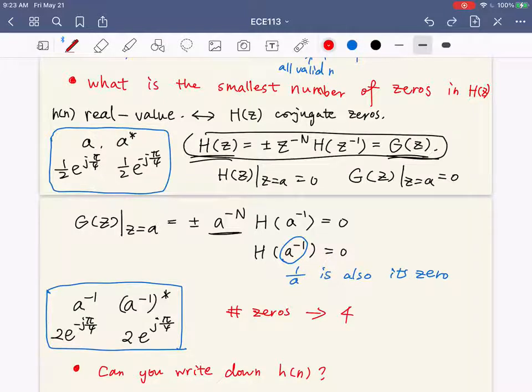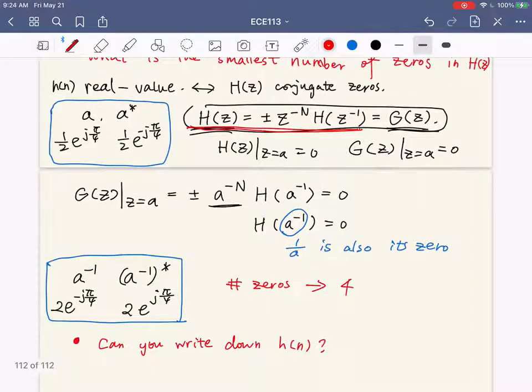Given this property, derived from the symmetric filter, when A is 0, 1 over A should also be a 0. So we get the third 0. And then it also has to be conjugate, so we have the fourth. Okay, thank you. You're welcome.